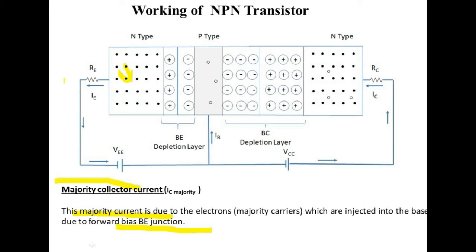That is, due to these 98 electrons we are getting the majority component of the collector current.